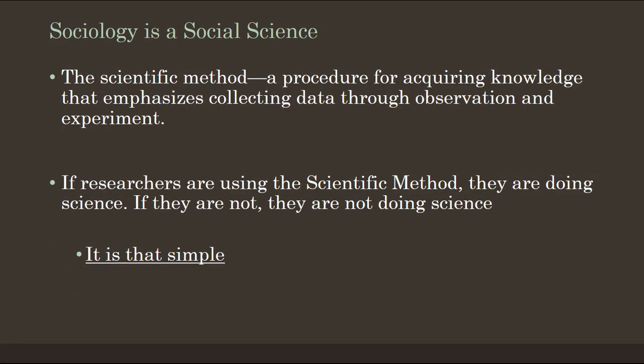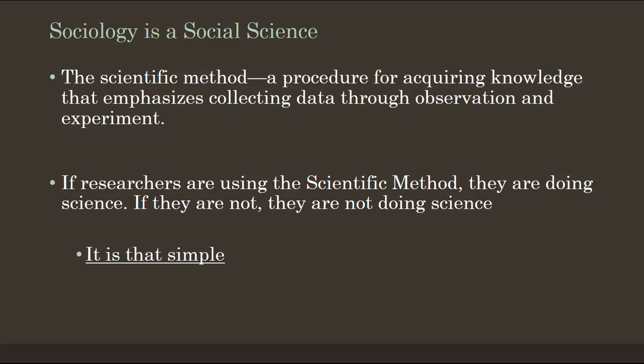Just a reminder, you probably know this, especially from maybe a high school chemistry class. The scientific method is a procedure for acquiring knowledge that emphasizes collecting data through observation and experiment. You can do it either through observation or experiment.